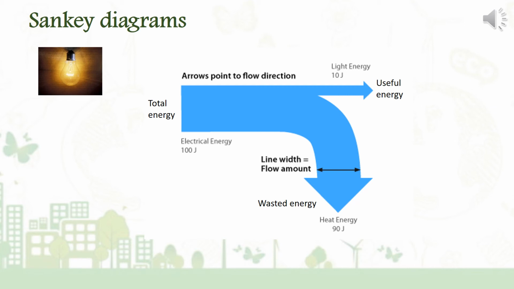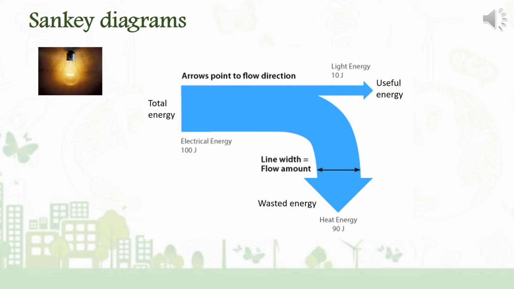The quantity of energy is represented by the width of the arrow. From this Sankey diagram, you can identify the total energy we are transferring, how much energy we are using, and the amount of energy we are wasting. To represent that, we are using the Sankey diagram.